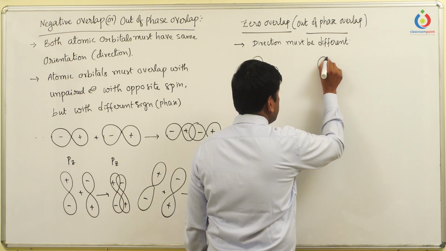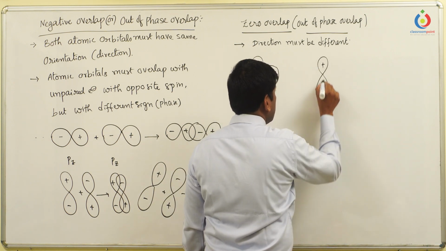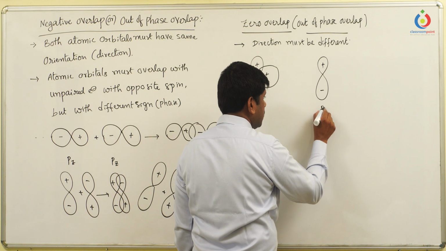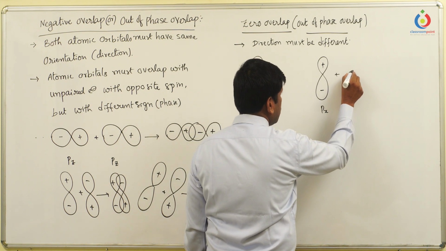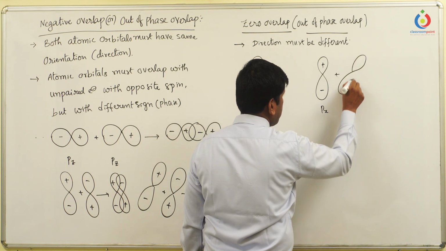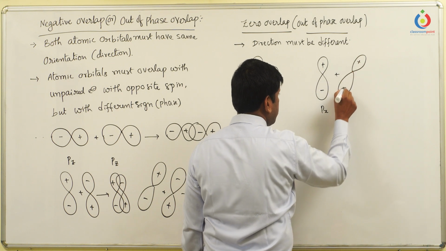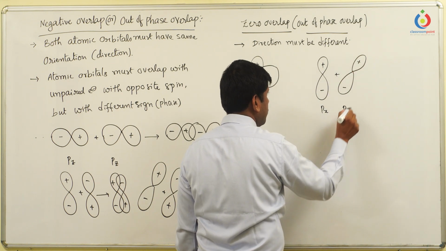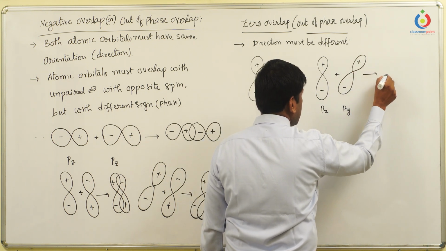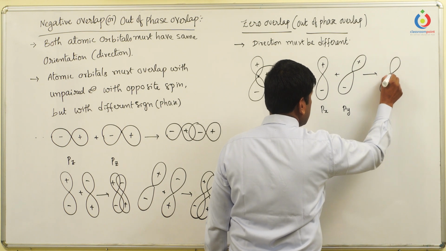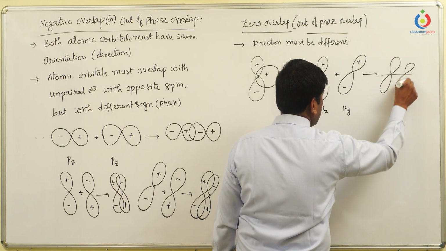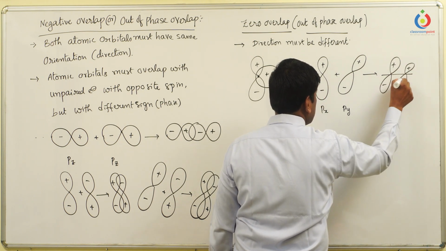In the same way, with plus and minus signs, imagine this is a px orbital. This is also plus and minus sign, but this is a py orbital. This overlap does not give any bond formation, so they remain separate, plus minus plus minus.